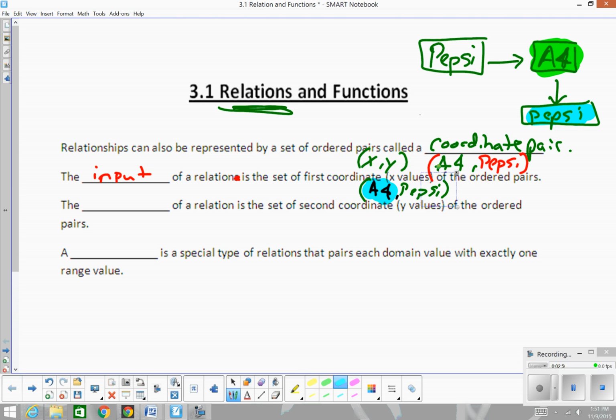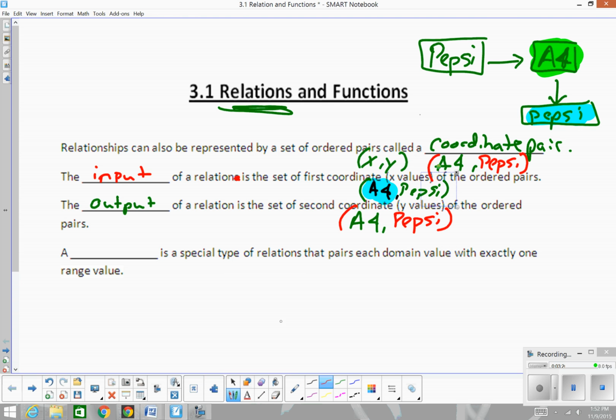Now, if I talk about the opposite, I'm talking about my output. The output of the relation is the set of second coordinates, the y values of the ordered pair. So if I'm talking about A4 comma Pepsi, I'm saying when I plug in A4, I'm outputting the Pepsi, and that's what my output is.